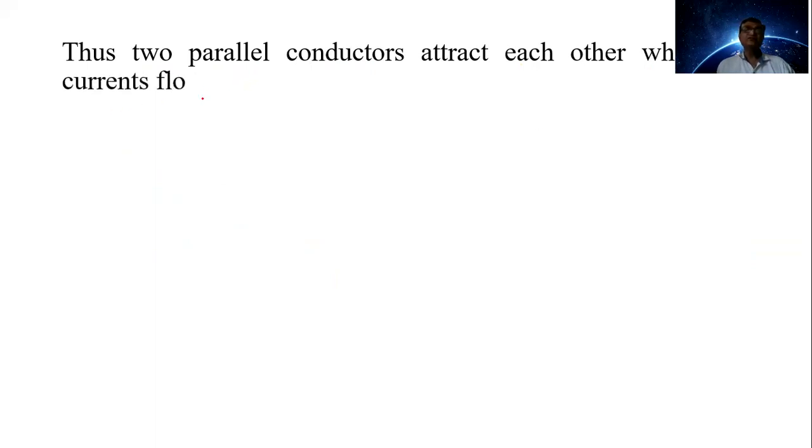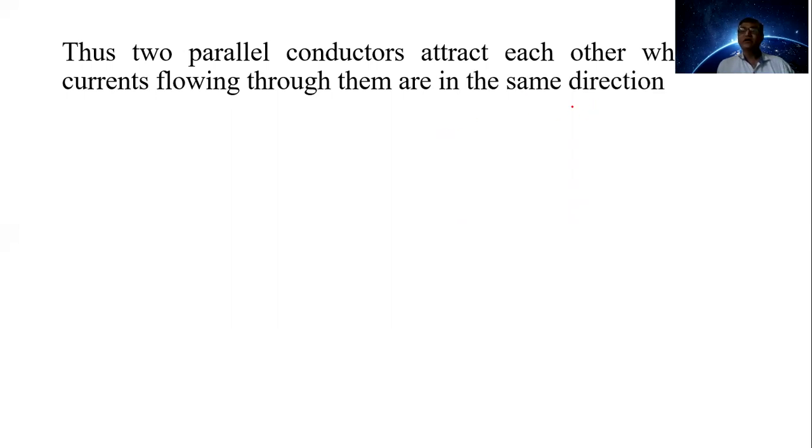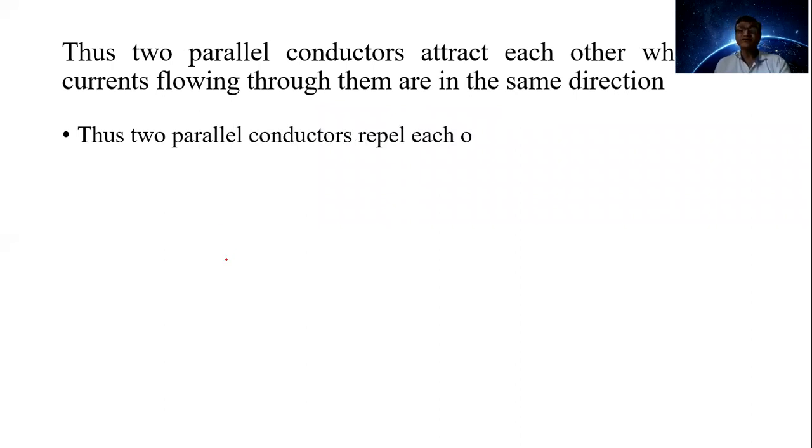Thus, we can draw the conclusion. Two parallel conductors attract each other when the currents flowing through them are in the same direction. And if the currents are anti-parallel, that is, if the currents are in opposite directions, then they repel each other.